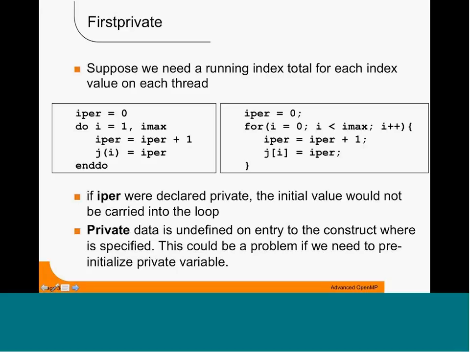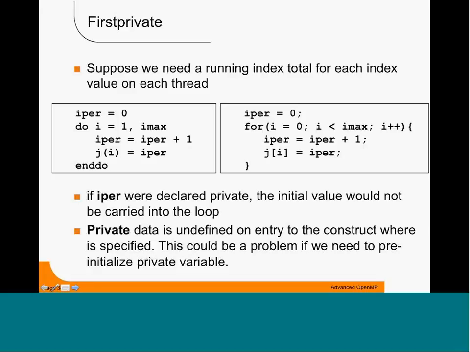Suppose we need a running index, totaling each index value on each step, right? So here, sum equals 0 and i equals 0 to i max. I need the initial value for each thread, right?